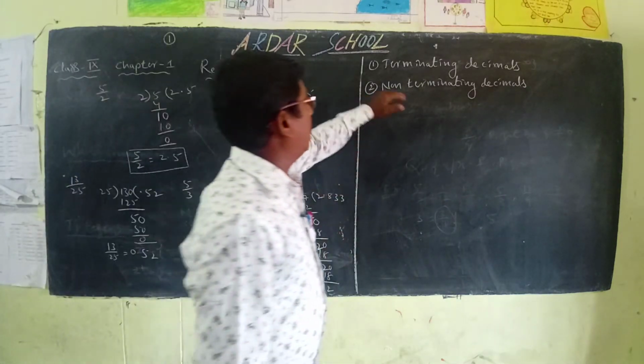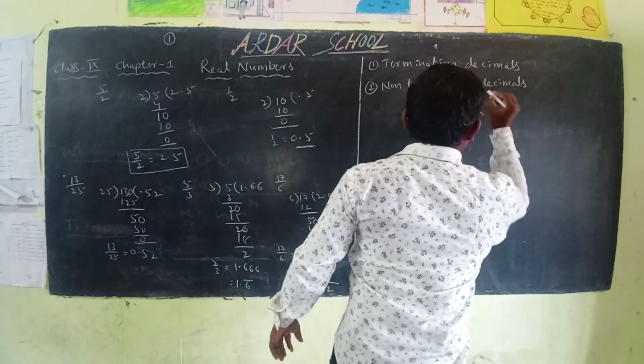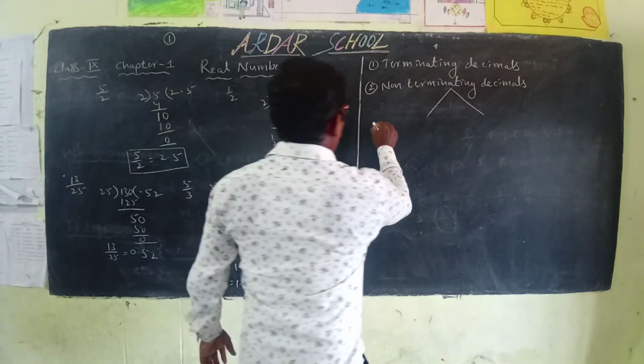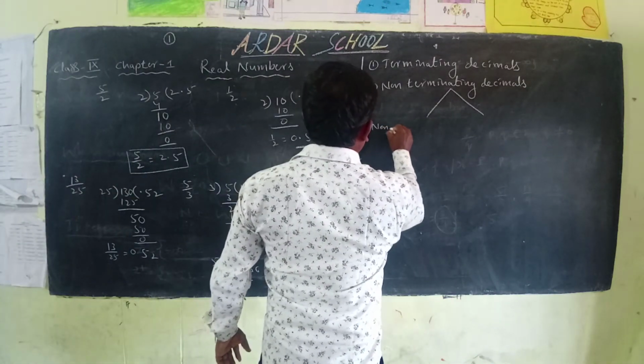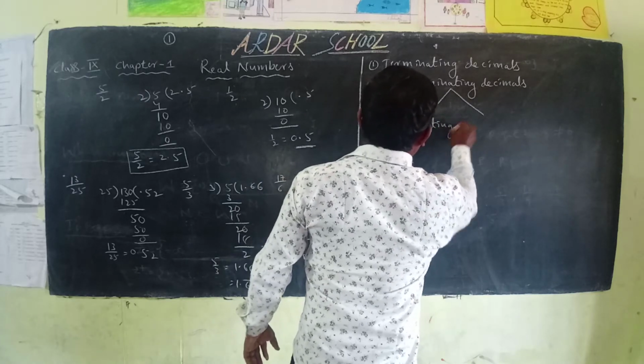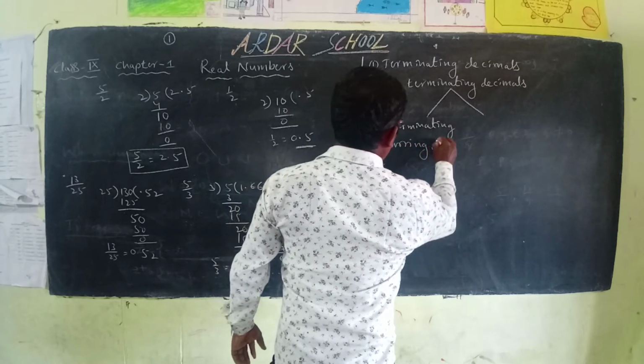Here, non-terminating decimals are again of two types. First one is non-terminating recurring decimal.